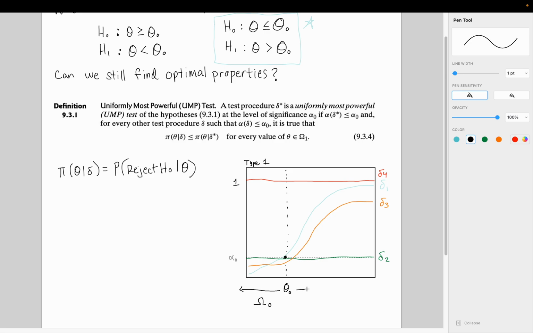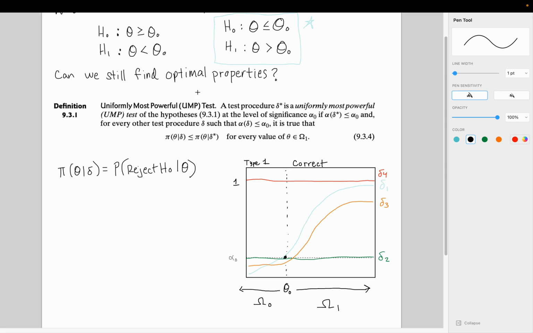But if I am on this side of theta naught, I am in the alternative space. In this area, I am making a correct decision: I am rejecting H naught and H naught is false. So generally we want the power function to be as large as possible when we are in the alternative space.